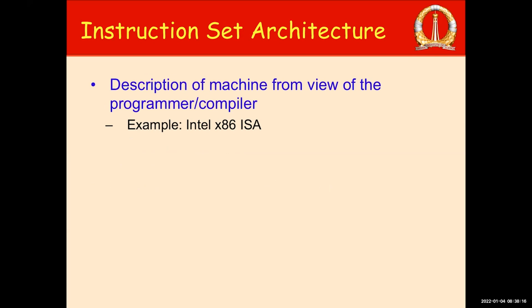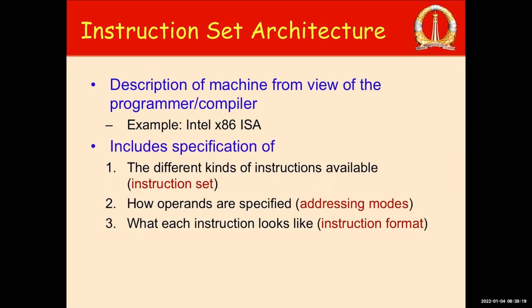This instruction set architecture essentially includes the set of instructions supported by the processor, and the set of addressing modes supported by the processor, where addressing mode is nothing but the way in which you specify the operand for each of the instructions. And lastly, there is a small aspect which is the instruction format, which is needed by the processor to understand how the instruction has to be encoded. We will not spend too much time on the instruction format.